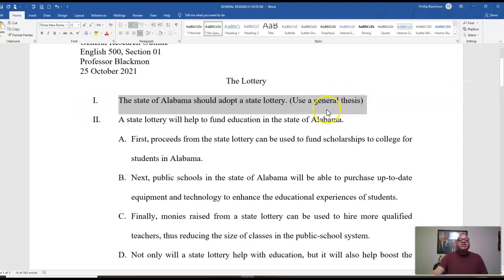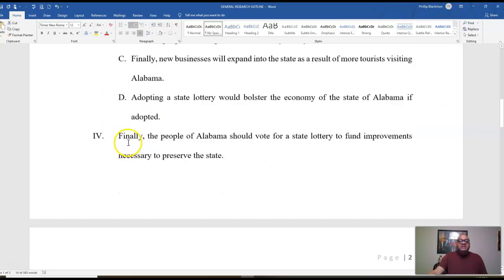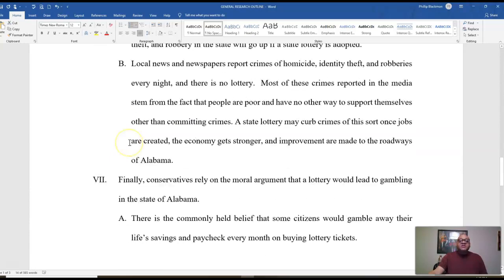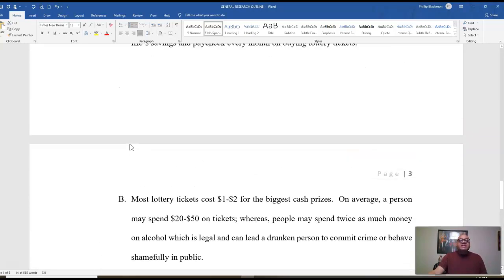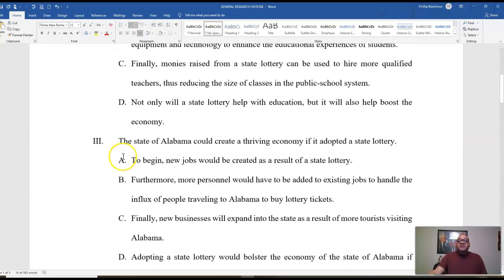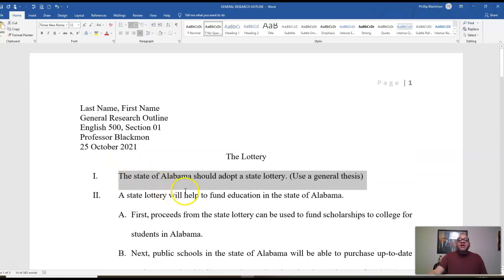Neither should you. If I have A, B, C, D for my Roman numeral number 2, you should have A, B, C, D, okay? So forth, so on. I don't want to insult your intelligence. I just want to make sure that that is clear. Don't do anything other than what I have asked you to do for this outline.